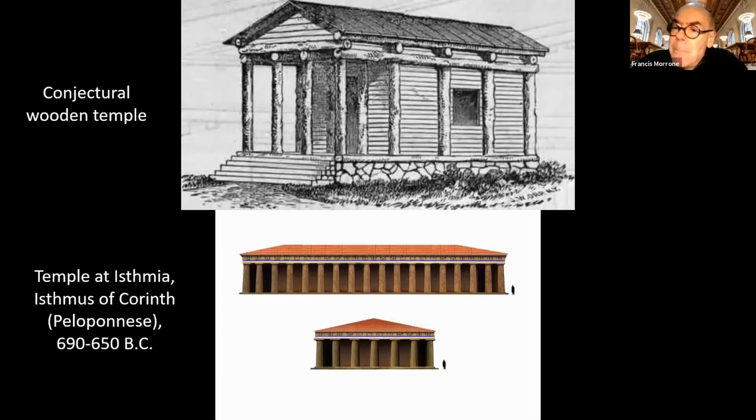And in the bottom half of the slide, you see the temple at Isthmia in the Peloponnese. This is an Archaic period temple. It's rather grand, and it shows the extent to which wooden temples could become grand. They achieved a certain grandeur before stone construction came in.